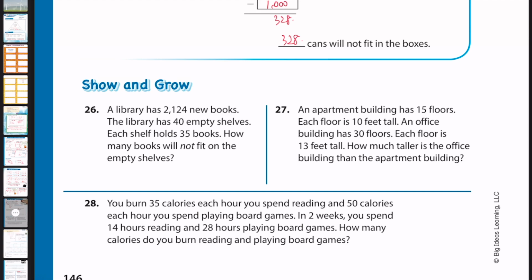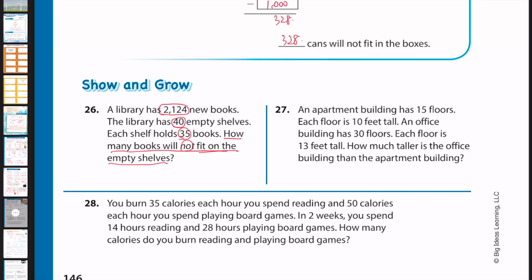3 questions to go. A library has 2,124 new books. The library has 40 empty shelves, and each shelf holds what? 35 books. Okay, so how many books will not fit on the empty shelves? That's the question.